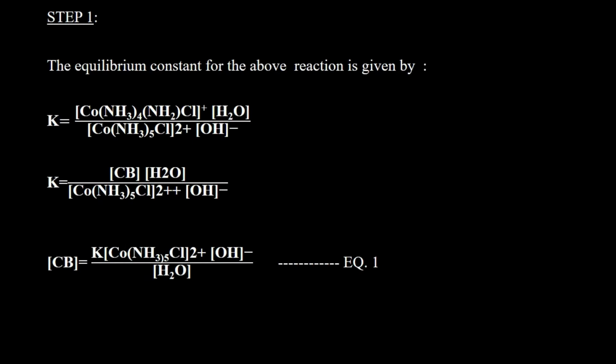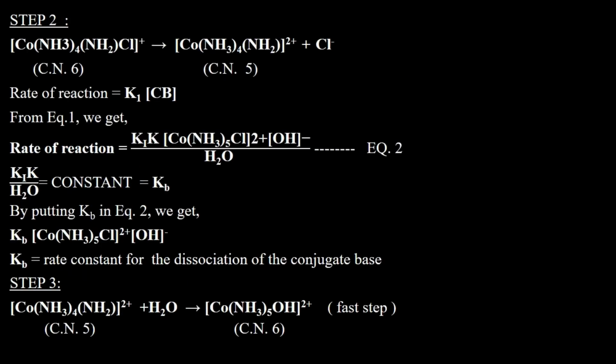So the equation becomes K = [Cb][H2O] / [Co(NH3)5Cl]2+[OH-], or Cb = K [Co(NH3)5Cl]2+ [OH-] / [H2O]. This is equation 1.